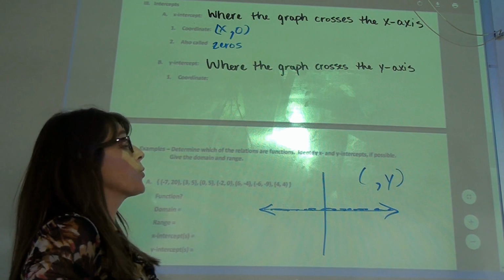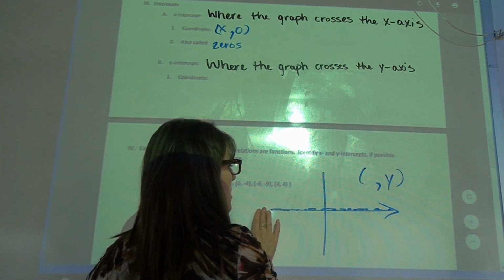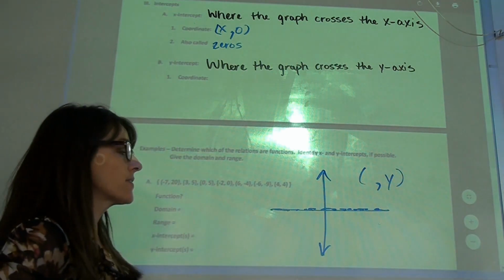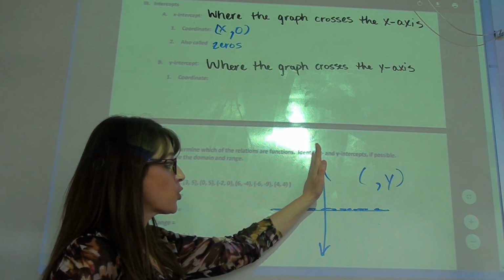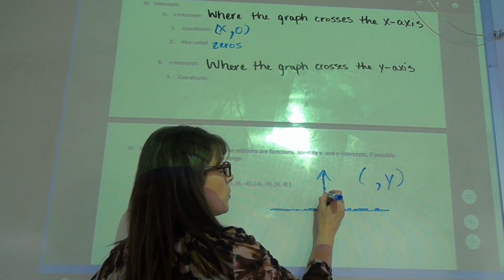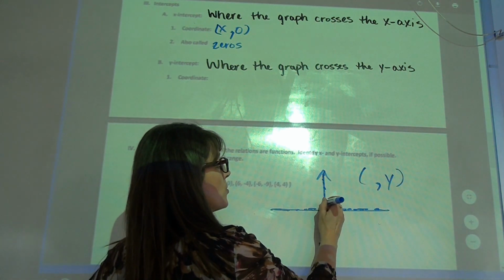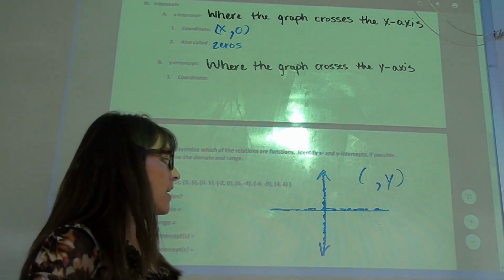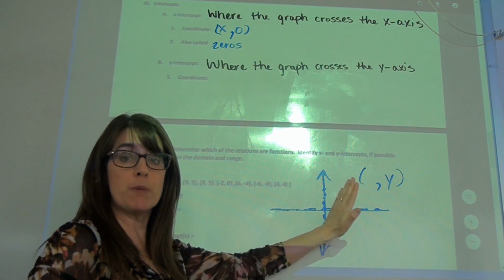Now, on the flip side, with your y-intercept, let's take a look at our y-axis. On this y-axis, if it's a y-intercept, then that means it's crossing this axis right here. Now, on this axis, what do you know about every one of these points going through here? What do you notice? Yeah, every one of them has no left or right movement at all.